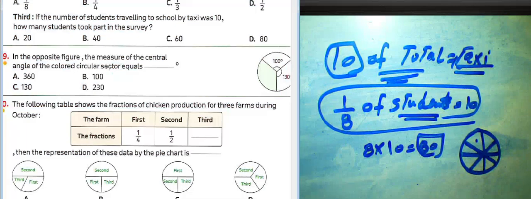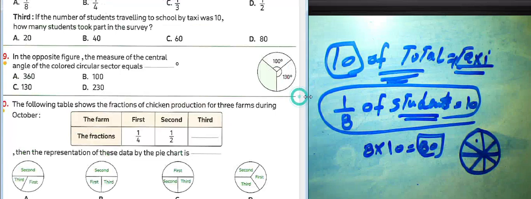In the opposite figure, the measure of the central angle of the colored circular sector equals blank. He asked about the colored part. Look at this example. We have 100 and 130. You must add them, and subtract the result from 360, because the cumulative angle in a circle equals 360.